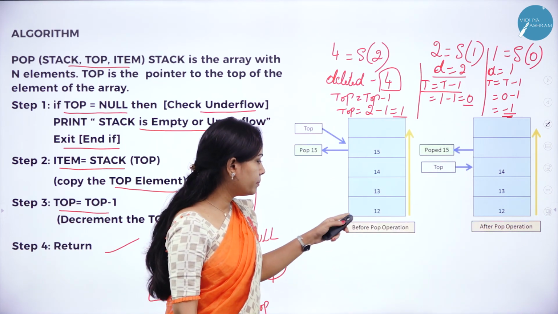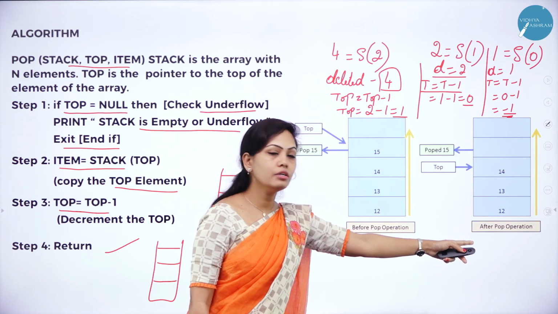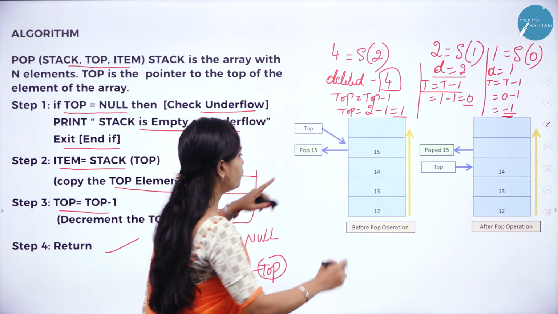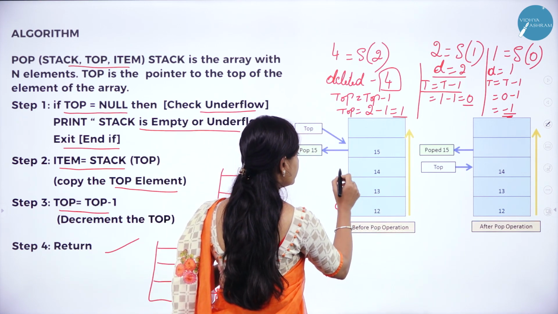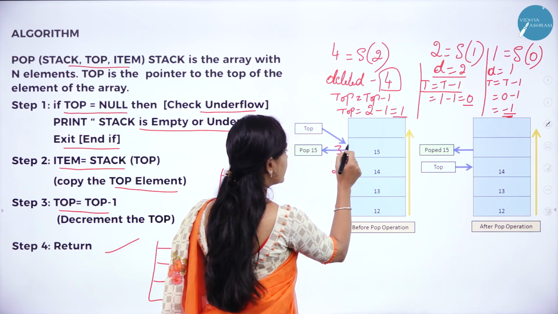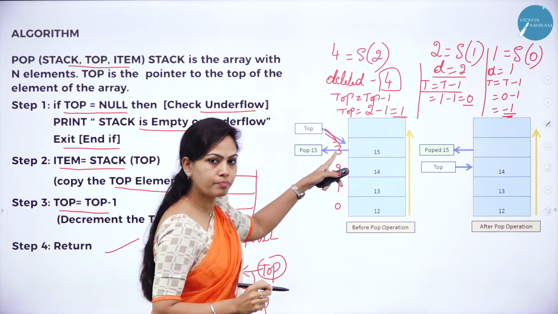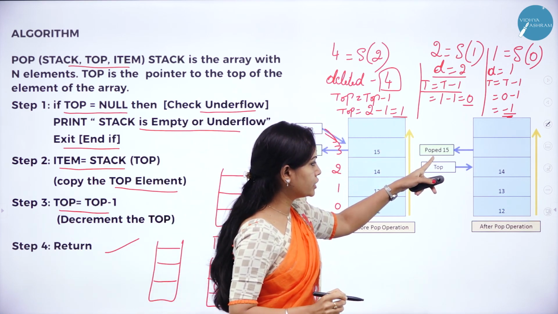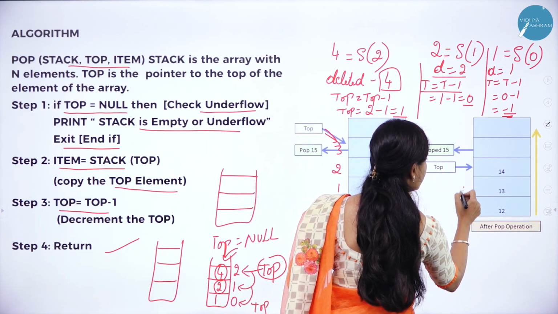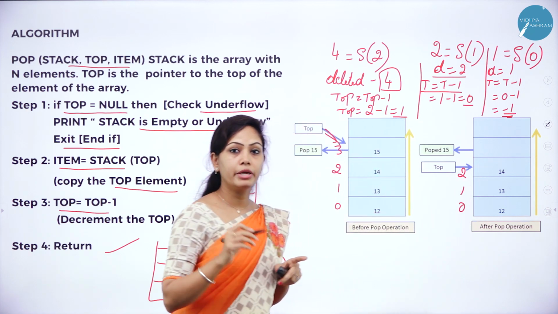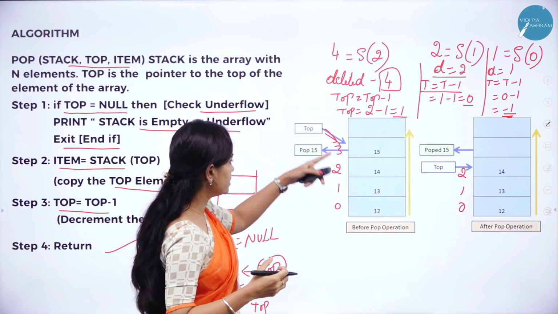Here you can observe before the pop operation and after the pop operation. Before the pop operation the top value is 3, and after the pop operation the top value is 2, because I have deleted one item in this stack.